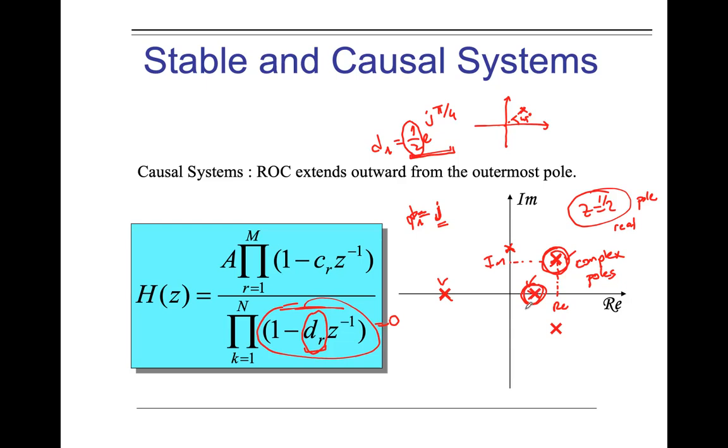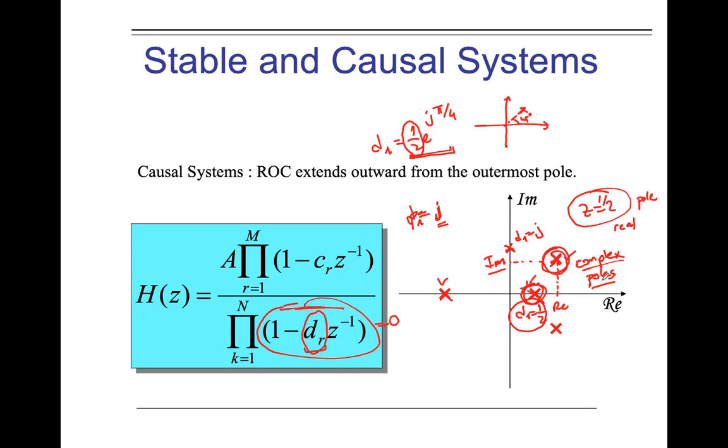I can also have d2 as j or 2j or something like that. Pure imaginary we call it. This is pure real, and this is complex. So these are also possible. I want you to know this.